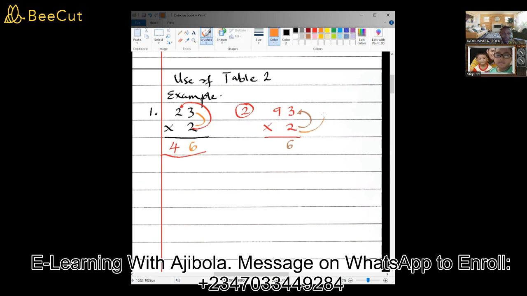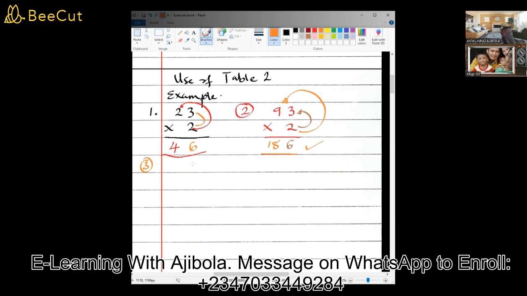Now, what is 2 times 9? 18. Is that clear now? So that is why you need to know your multiplication table, so that when you have big numbers that you want to multiply, it's going to be very easy.